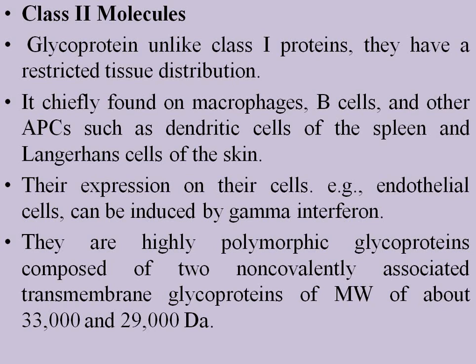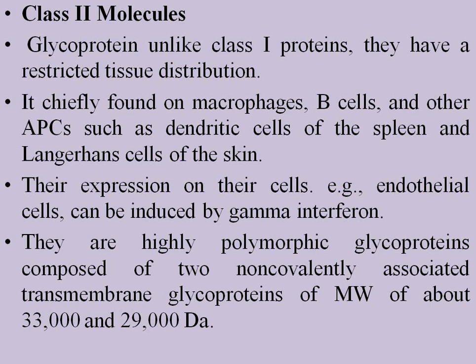They are chiefly found on macrophages, B cells, and other antigen processing cells such as dendritic cells of the spleen and Langerhans cells of the skin. Their expression on other cells, such as endothelial cells, can be induced by gamma interferon.